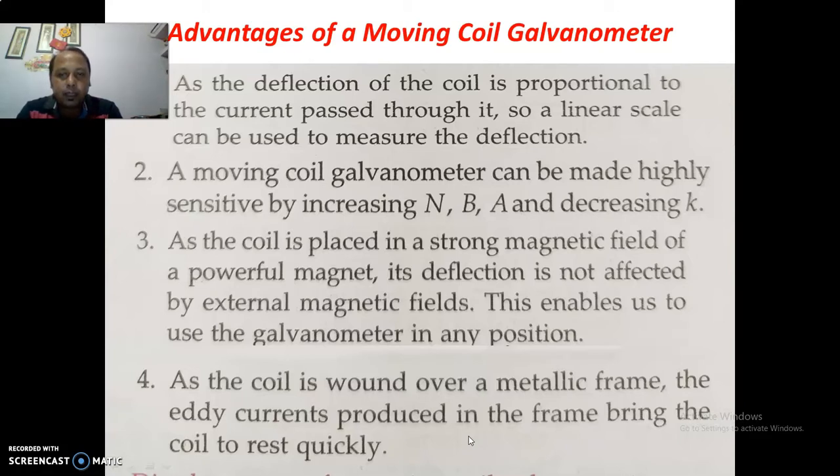Now, when the rectangular coil reaches equilibrium, because of its inertia, it moves forward and then again it comes back. Suppose it reaches equilibrium here, but it will move forward and again come back, and it will start vibrating like this. So it is covered by a metallic conductor.